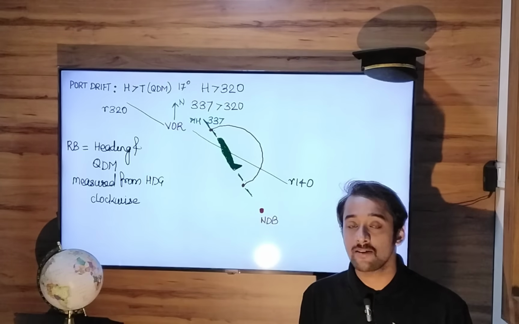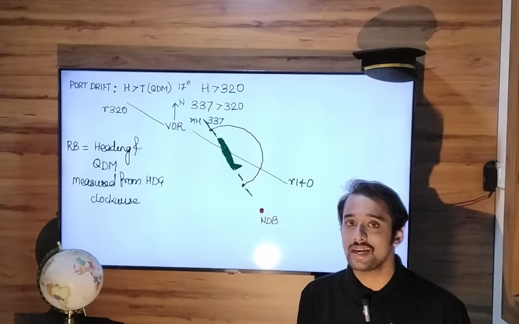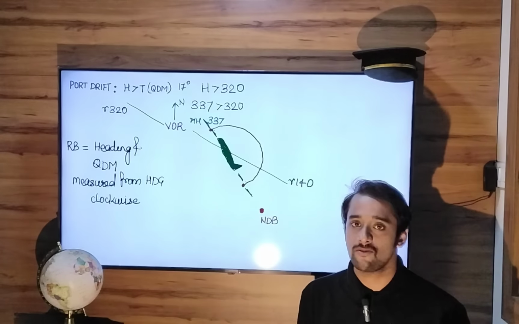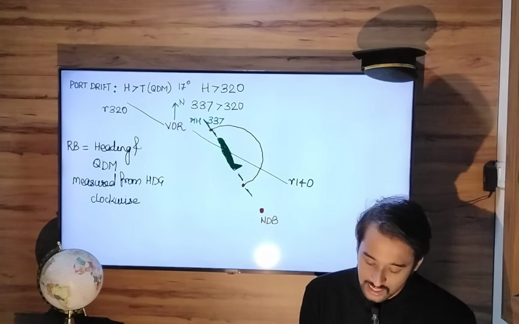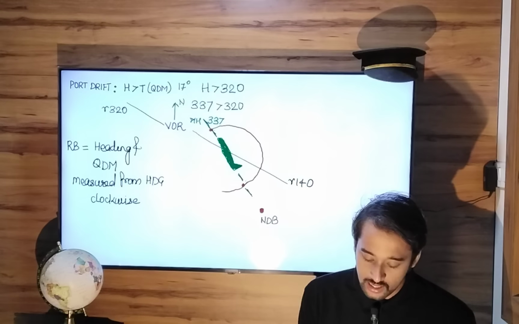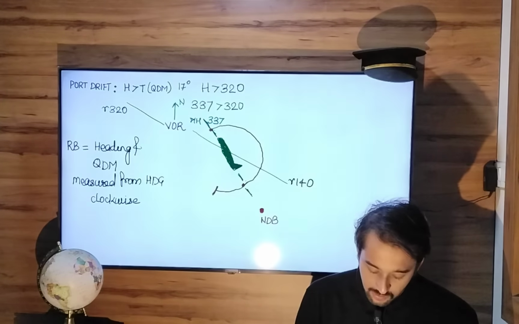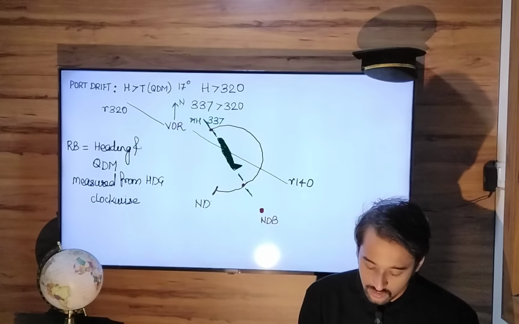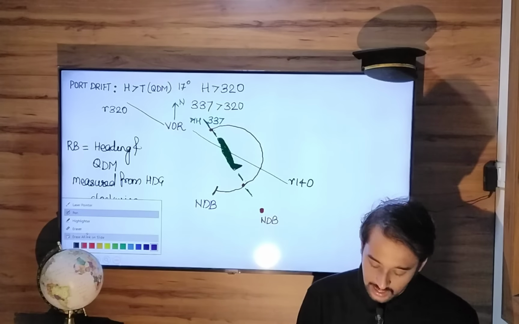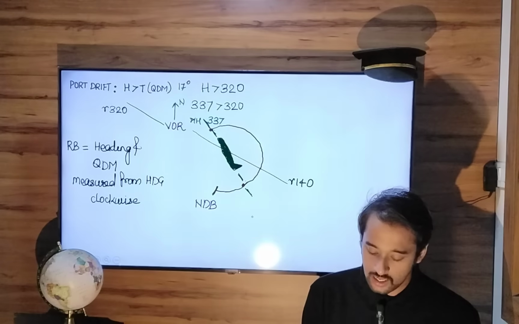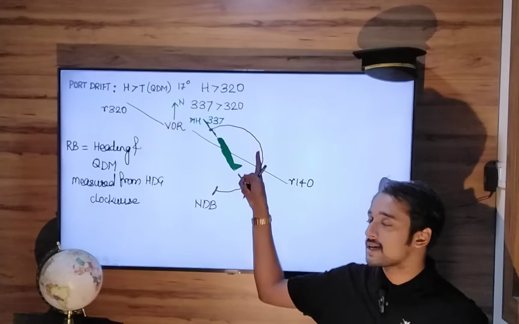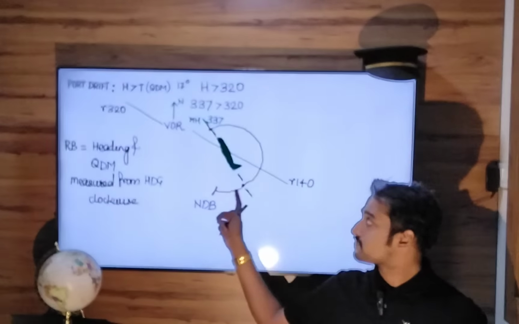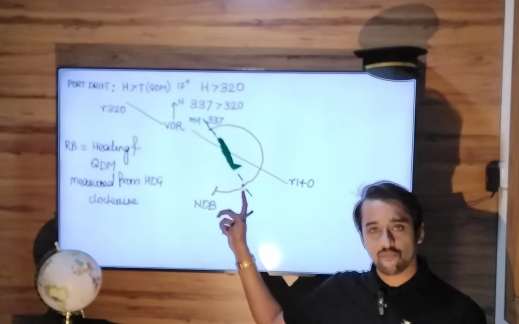But we have a relative bearing more than 180, which is 220, so 40 degrees more than 180. That means we have to extend this arc and go a little bit forward somewhere here. So NDB is situated approximately somewhere here, and not over here. This entire thing is 180 plus this extra 40 degrees approximately.